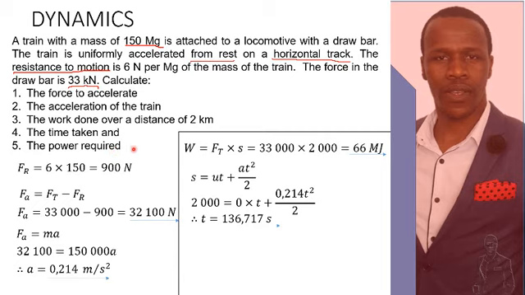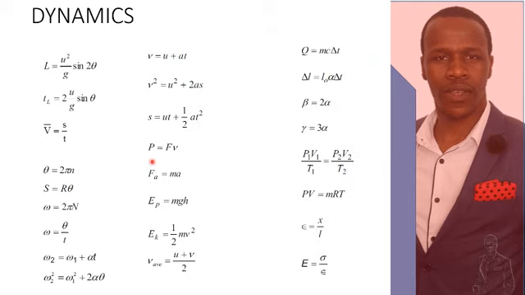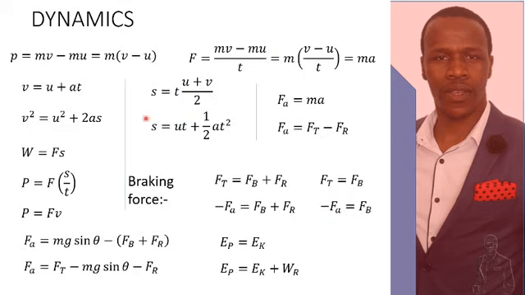So the power, obviously we can use the famous formula for power being force times velocity, but we do not have the velocity, which is the final velocity in this case. We do not have it. Or we can use, let me check another formula, power as work done over time.